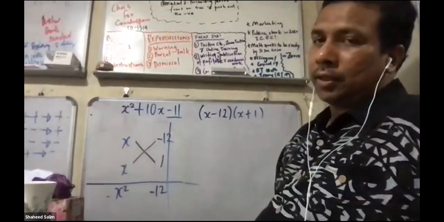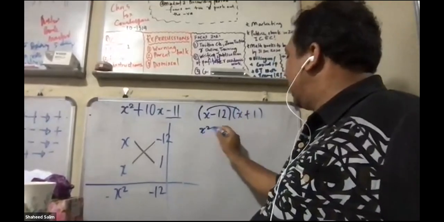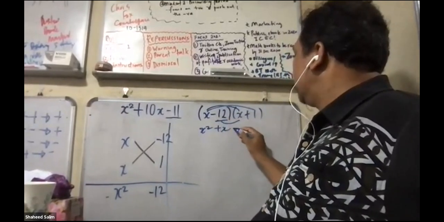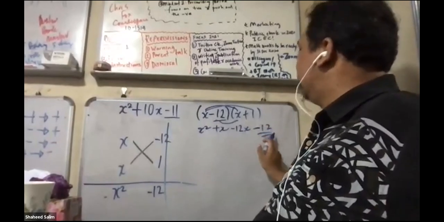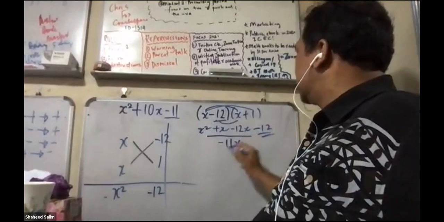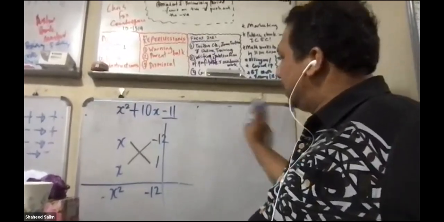Let's try. x times x, x squared, x times 1, x, minus 12 times that, you get minus 12, plus 12. So the end part is already different. Center down here, you get minus 11x. Different also.